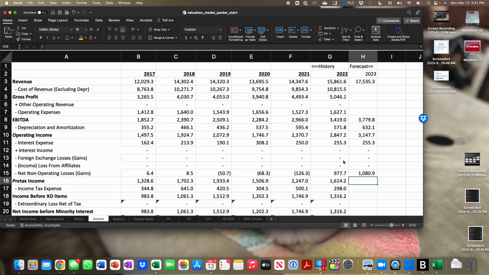So if we take operating income minus interest expense, plus interest income, minus FX, minus income or loss from affiliates, minus non-operating losses or gains, we get pre-tax income. You can look at the formulas over there on the left. Okay? Or if you want a shortcut, because I've already done that formula for 2022, take G16, copy it, go to H16, paste it, and you should get pre-tax income of 1811.5.